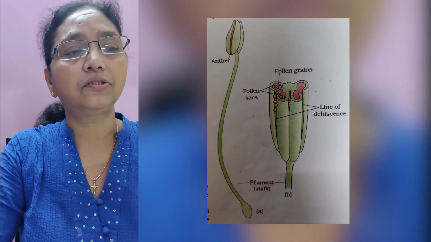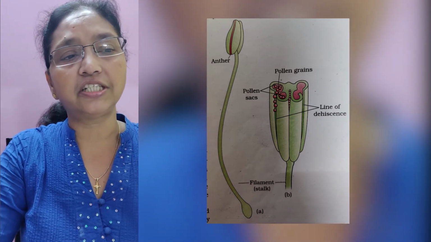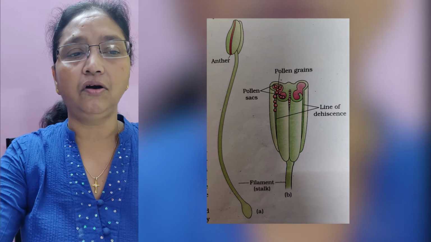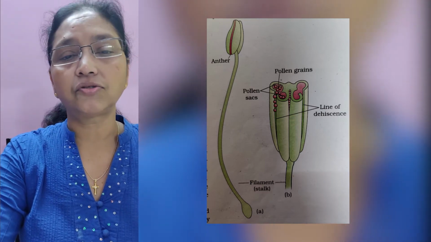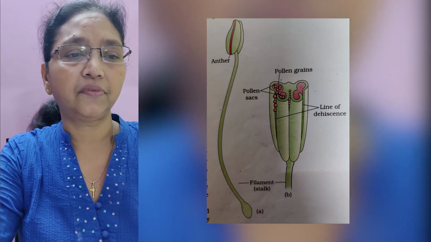First, we will see the male reproductive part, a typical stamen, which has 2 parts. A bilobed structure, which is the anther, is attached to a long, slender stalk called the filament.